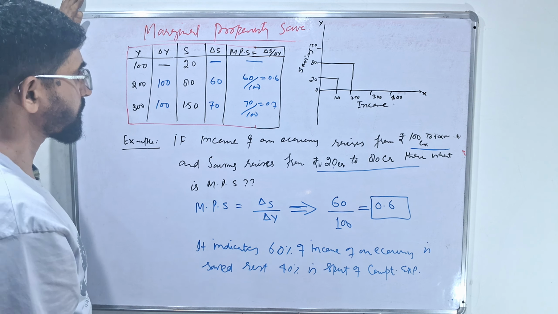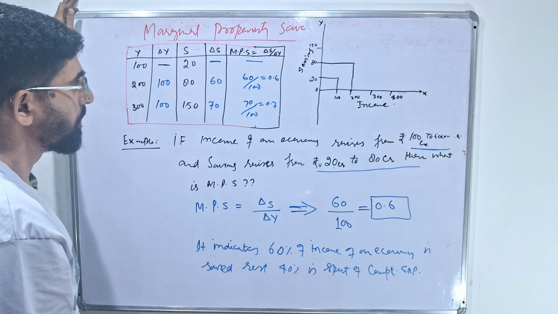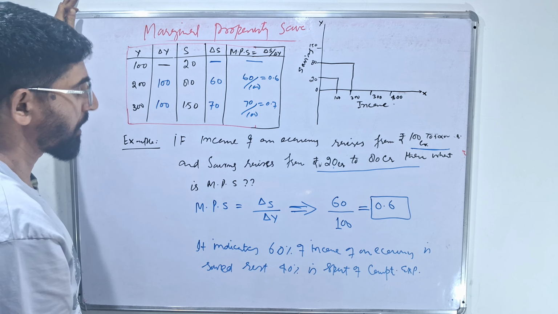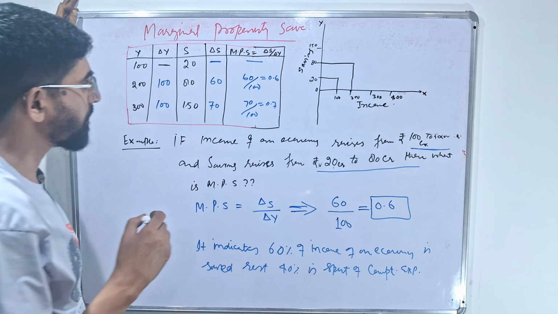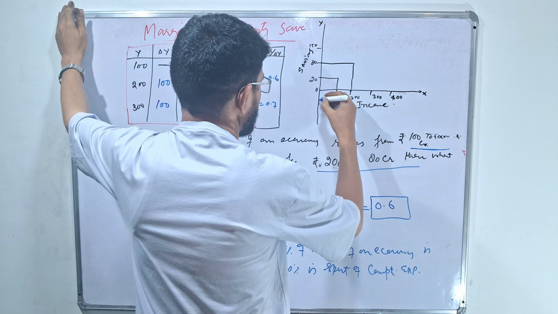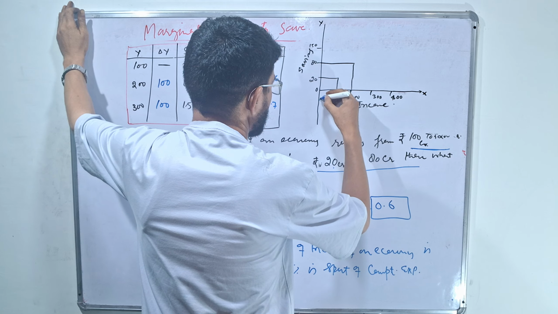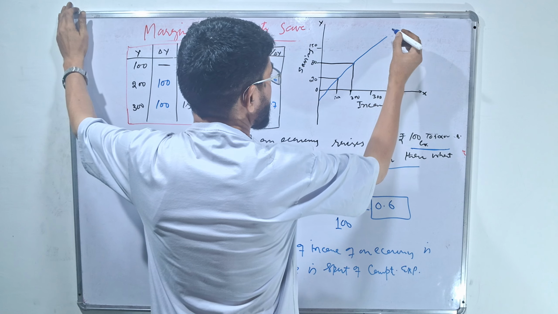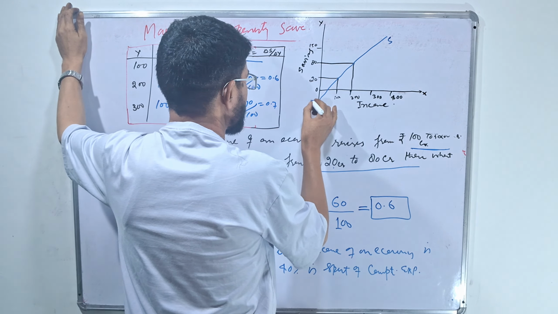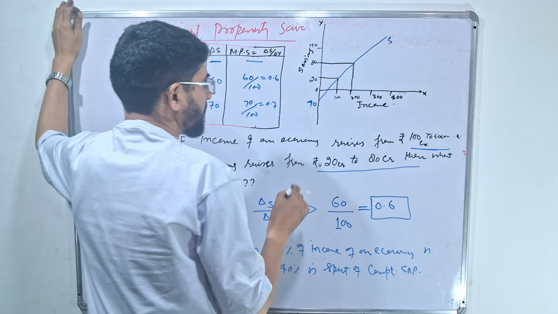Now, I will draw the saving curve. As I tell you, the saving curve starts from negative, that is minus 40. In previous lecture, I discussed this.